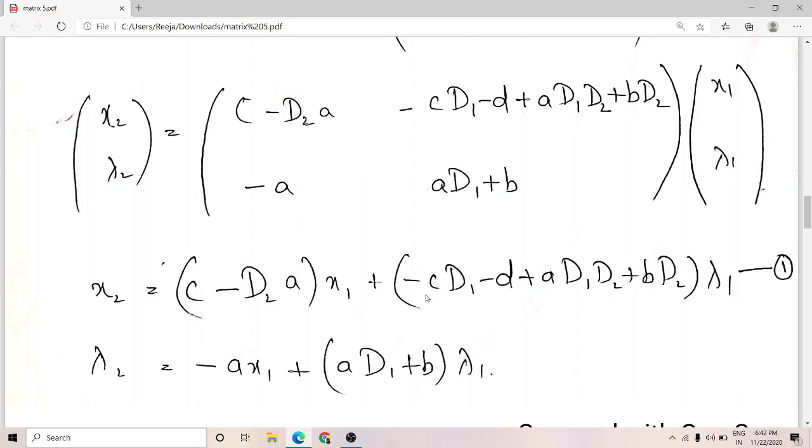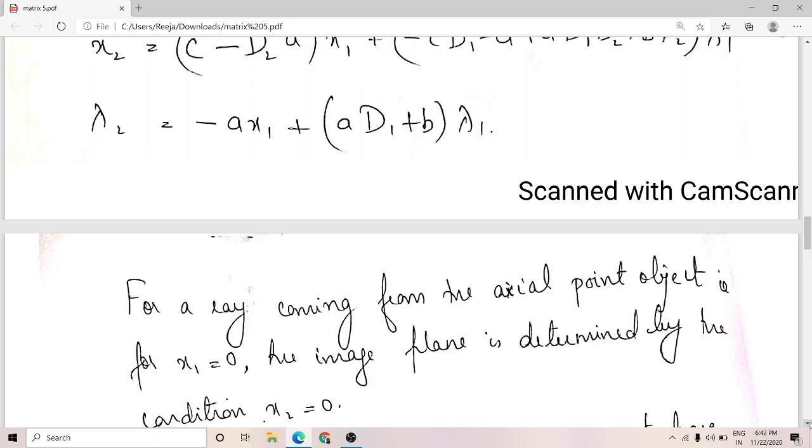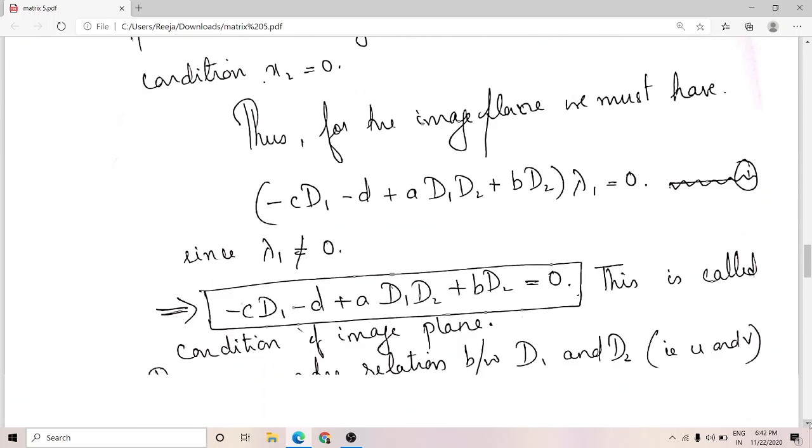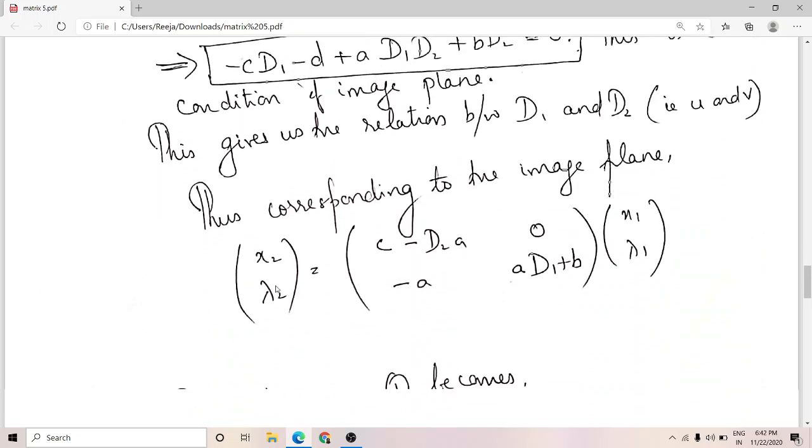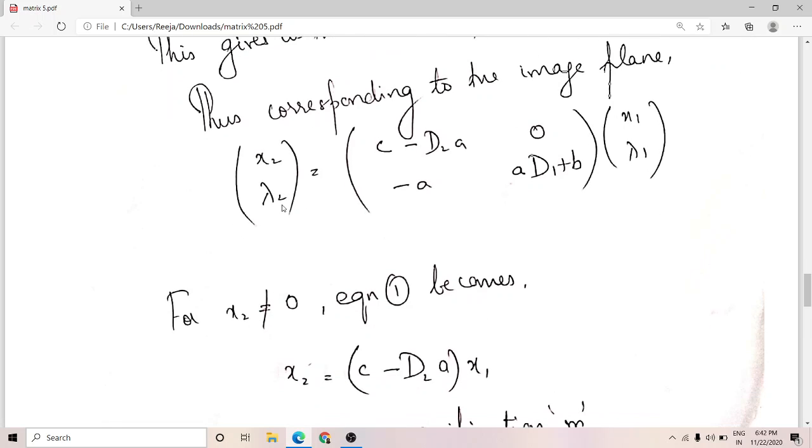So if you take this term as equal to 0, then this equation 1 will be valid for all sizes of the object. So that is called the condition for the image plane. That is, this term must be equal to 0. So now I rewrite my image plane equation as x2 lambda 2 into c minus d2a 0 minus a d1 plus b into x1 lambda 1.